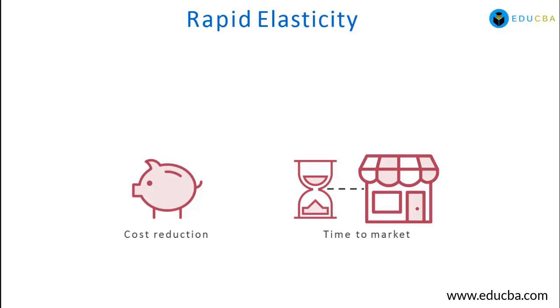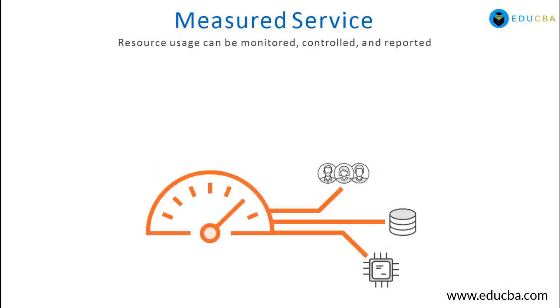Cloud helps you in that way, so you don't have to worry about your underlying infrastructure. You can just deploy your application, and in a few minutes your application will be live on the internet. That is what is called rapid elasticity. It gives you the flexibility to choose the service and deploy it within minutes and go live with that service within minutes. It also provides you cost reduction.